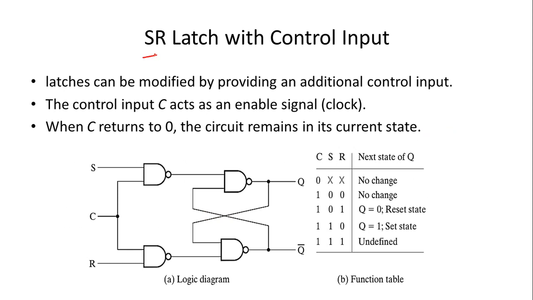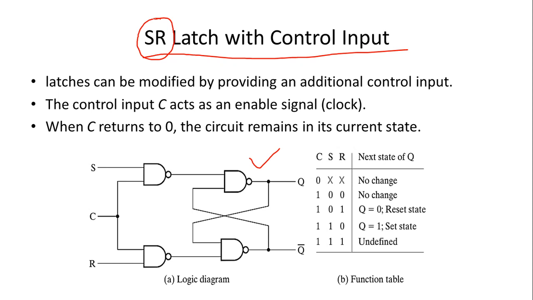Now let's update our SR latch. Now you see we have a latch with NAND gates. We will refer to it as an SR latch rather than S complement R complement, because the functionality of both kinds of latches is quite similar. Latches can be modified by providing an additional control input.